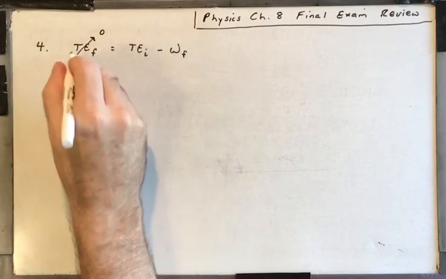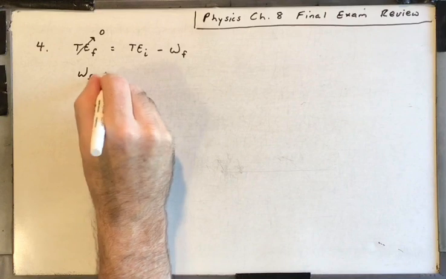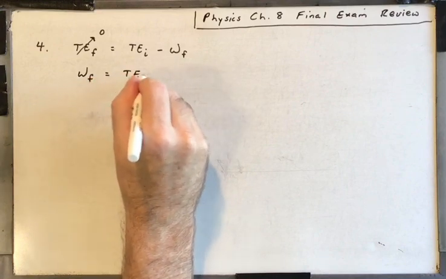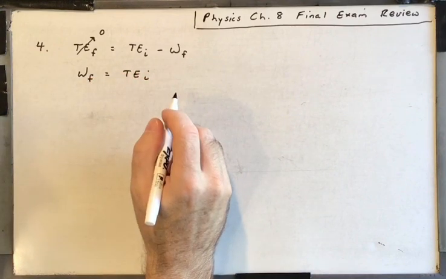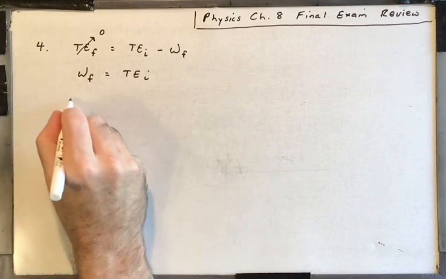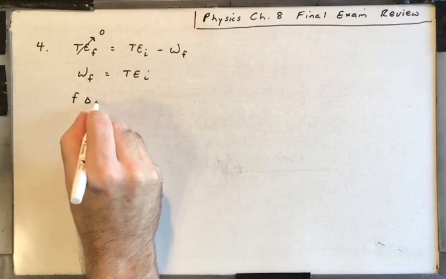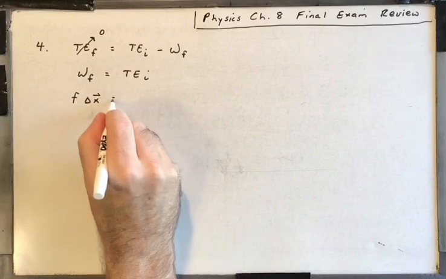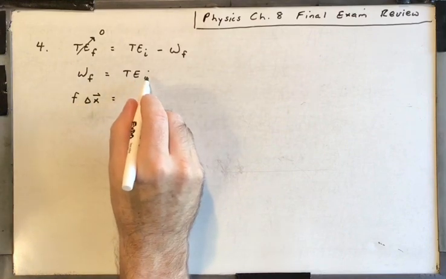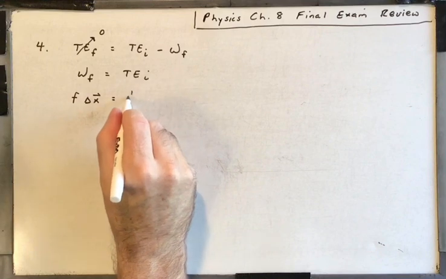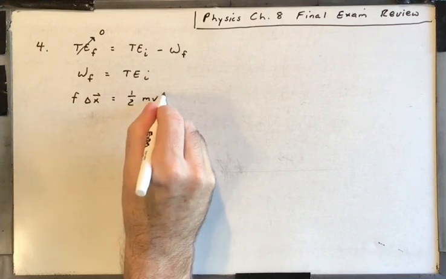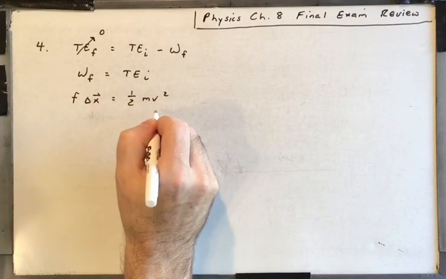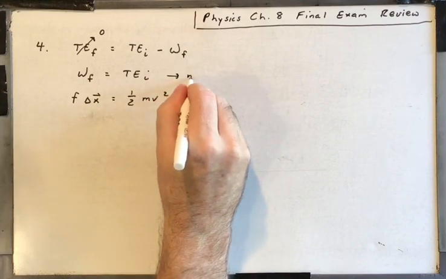So if I move the work done by friction over to the left, we'd have work done by friction is equal to total energy initial. Work done by friction is force times delta x, and that's going to equal, it doesn't have any height, it's on the gym floor, so it's going to be just 1/2 mv squared. If it did have height, we would have to put that in, but no height.